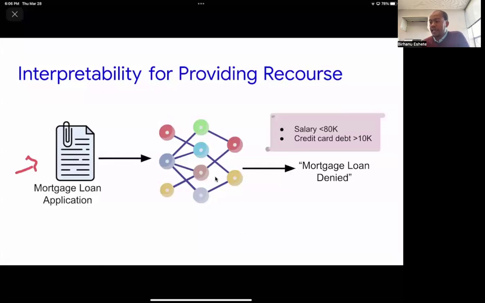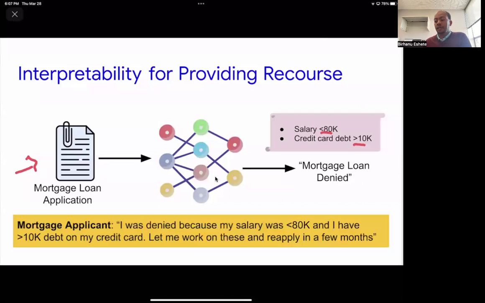And as part of the explanation, for example, it shows you that the salary of the applicant is less than $80,000 a year, and the credit card debt of the applicant is more than $10,000. So maybe these are the factors that led to the denial of this mortgage loan application, because maybe this applicant or customer is considered a high risk customer who is already getting a fairly low income and also carries a fairly large amount of credit card debt.